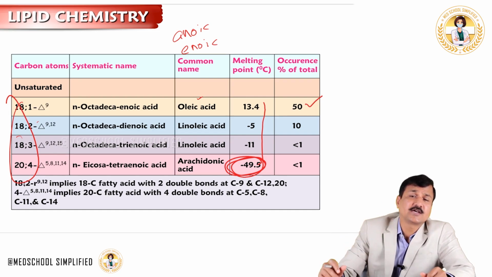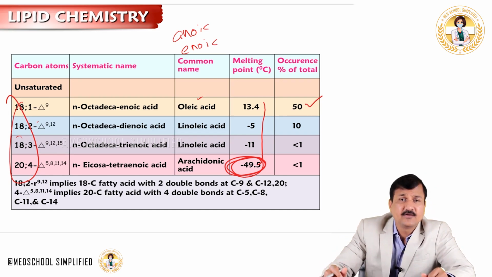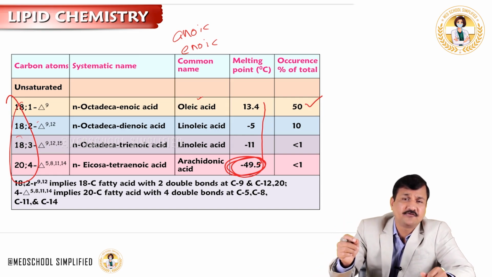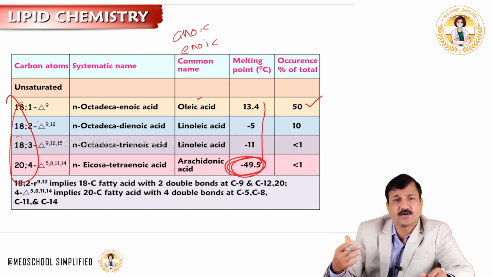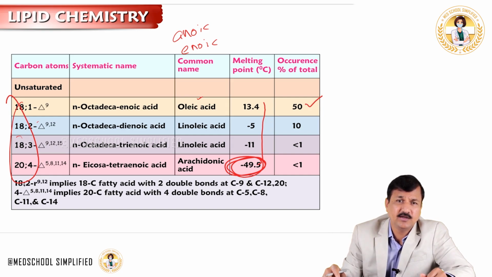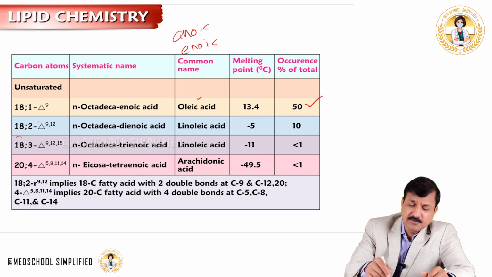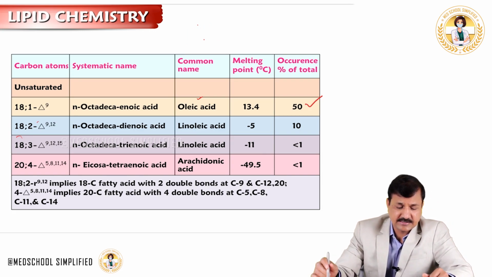So, higher the unsaturation, more liquid is the fatty acid. Higher the saturation, fatty acids tend to be in a solid form. Higher the unsaturation, fatty acids tend to be in a liquid form. Remember that. Okay. So, that's about some of the examples for unsaturated fatty acids here.